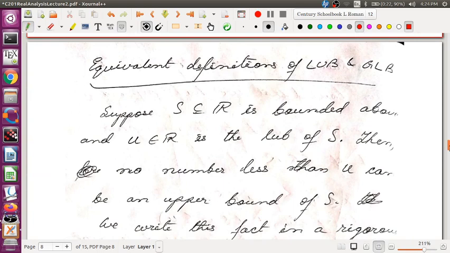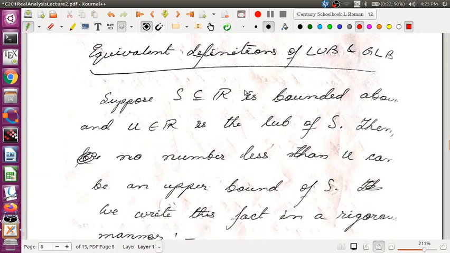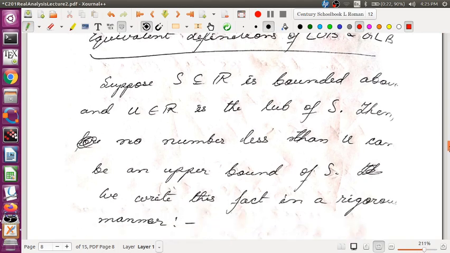So using this concept, we have an equivalent definition of least upper bound and greatest lower bound. Suppose S is a subset of R which is bounded above, and U belongs to R is the least upper bound of S. Then what is the meaning? The meaning is no number less than U can be an upper bound of S. Nothing less than U can be an upper bound because U is the smallest of all the upper bounds, right?